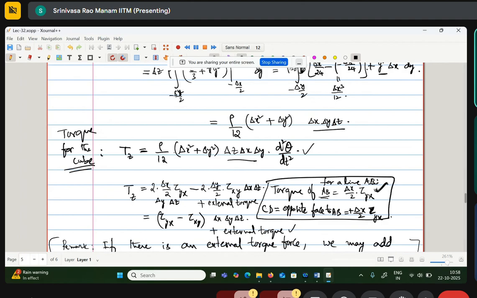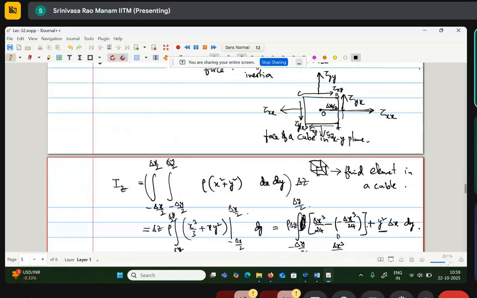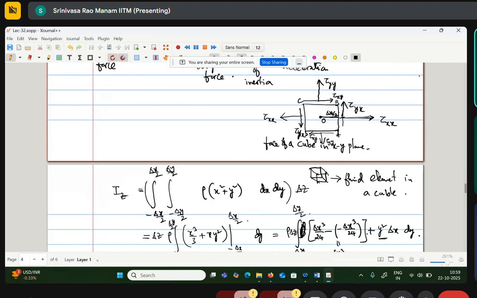Don't worry about the delta x. Just pick a point from the origin, from 0, and look at the torque of tau yx. Each line is one dimensional. For AB, the y component, tau yx, is that one.